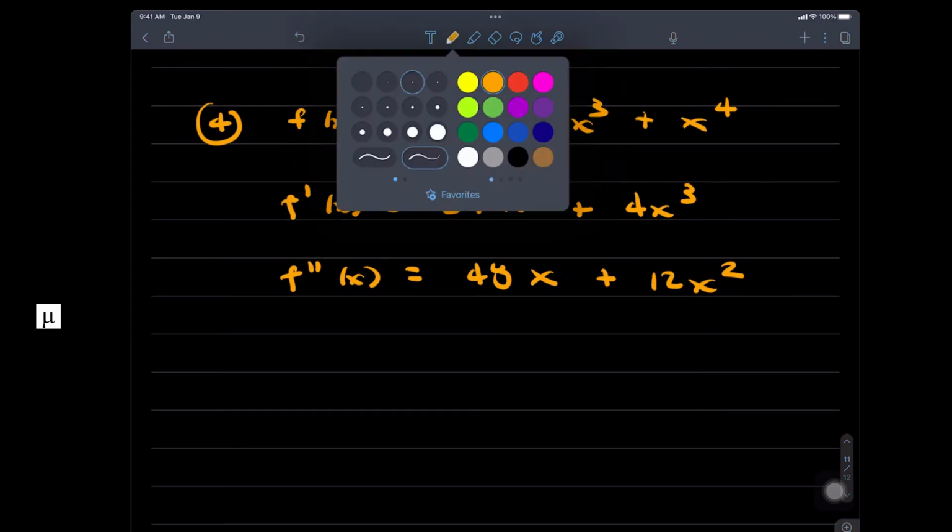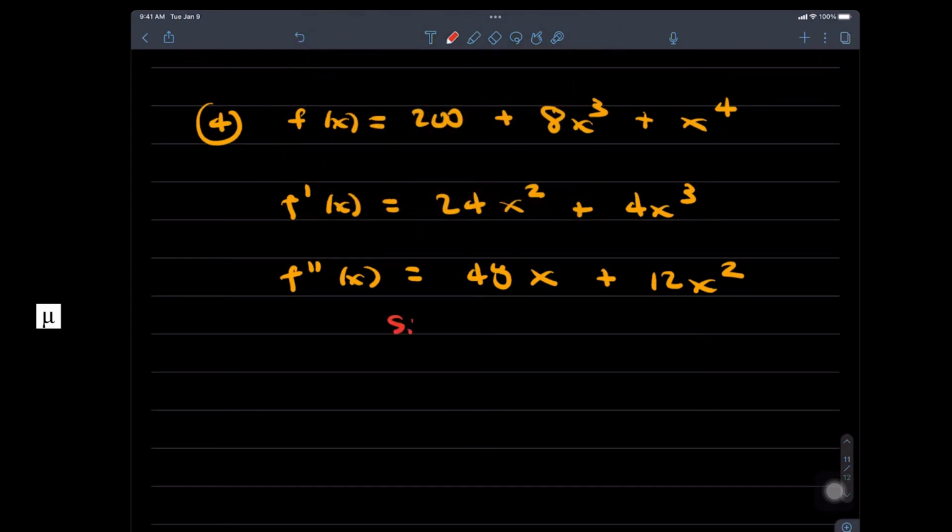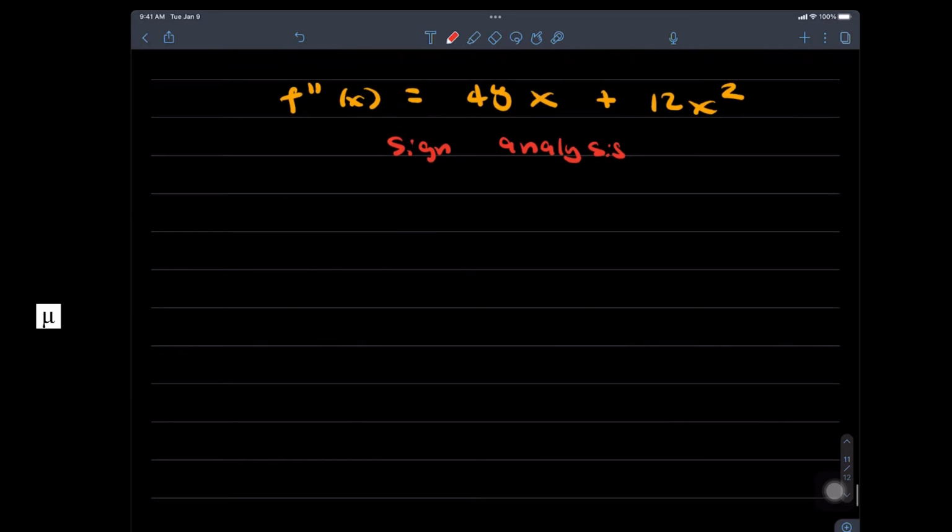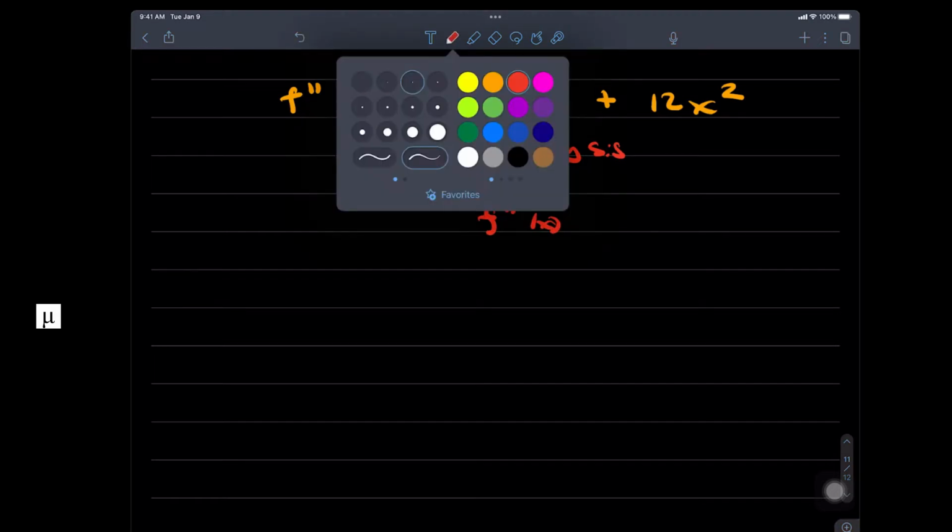Now, remember, you have to do sign analysis. Second derivative. Let me put that right down: f double prime.